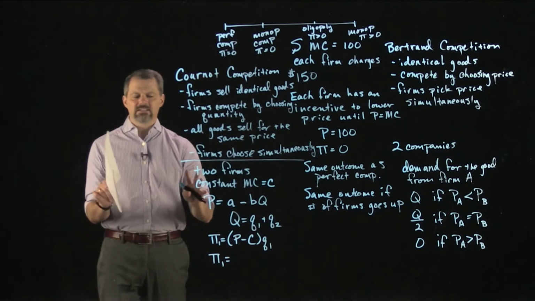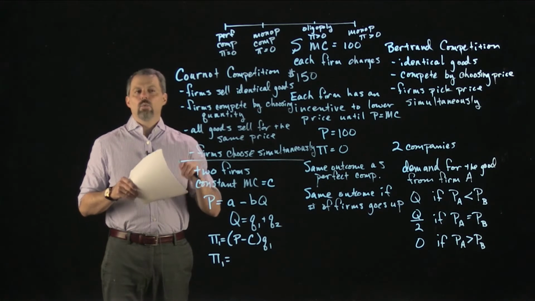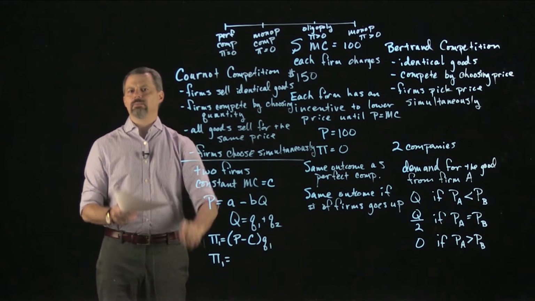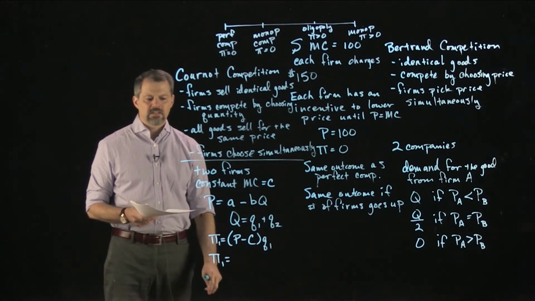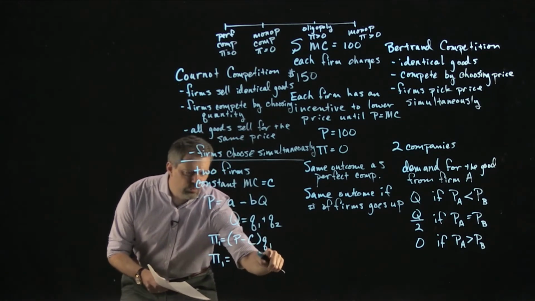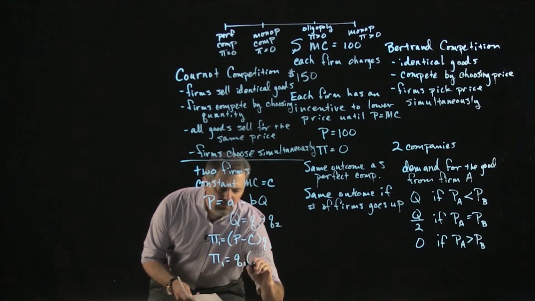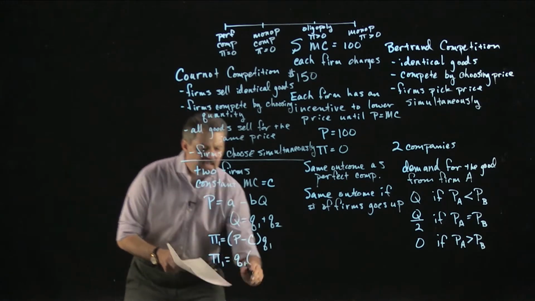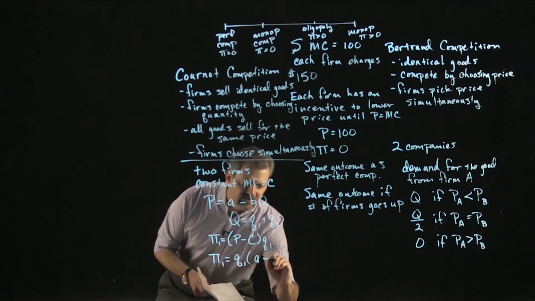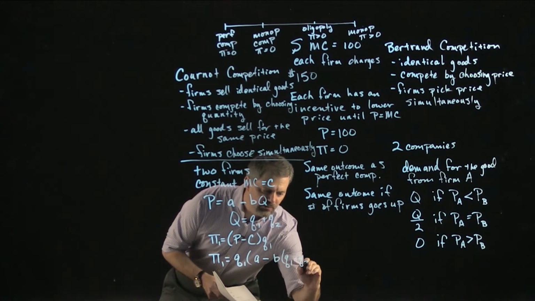So let me write this out, and it's going to look just a little bit complicated at first. Once we put numbers to it, it will seem much less complicated. Okay, so bear with me for just a second. I'm going to move my Q1 to the front right here. So this is Q1 multiplied by A minus B times Q1 plus Q2.